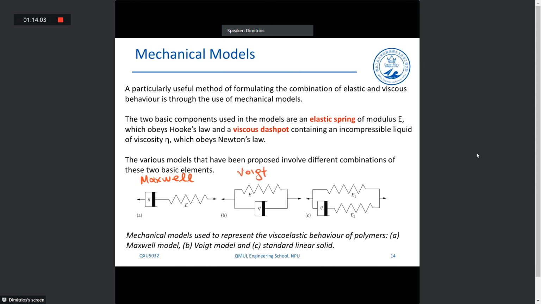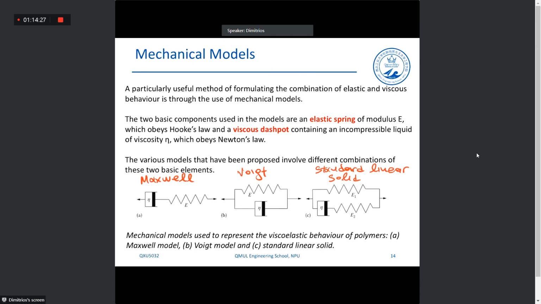This is the standard linear solid model, which is similar to the model that we saw earlier for the stress strain curve of necking.